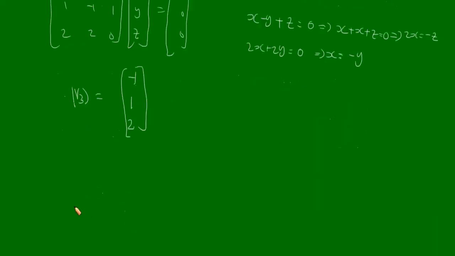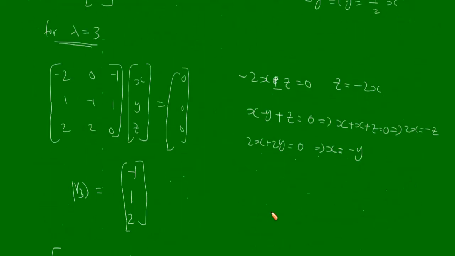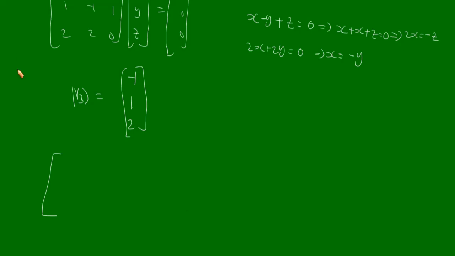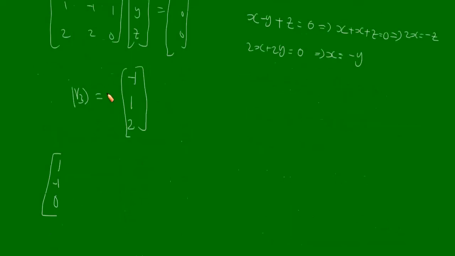Taking the first eigenvector 1, minus 1, 0 as the first column, the second eigenvector minus 2, 1, 2 as the second column, and the third eigenvector minus 1, 1, 2 as the third column, this matrix is our matrix P.